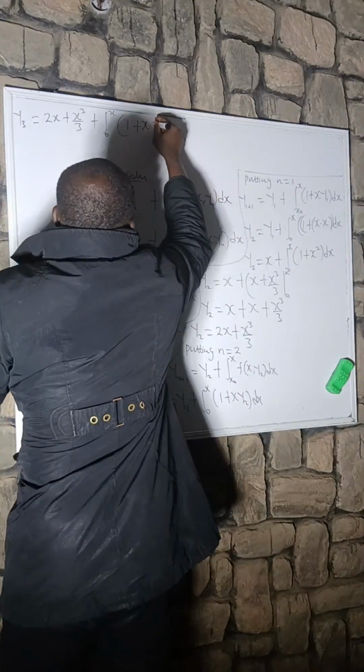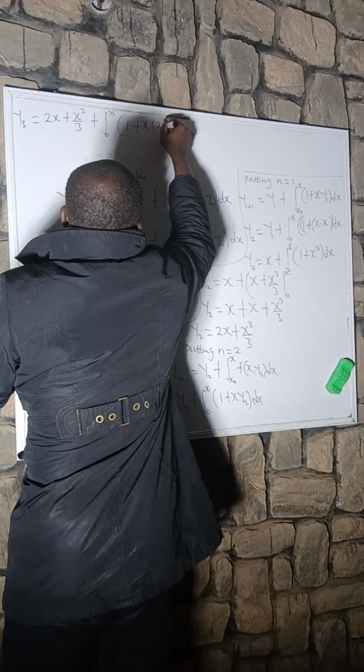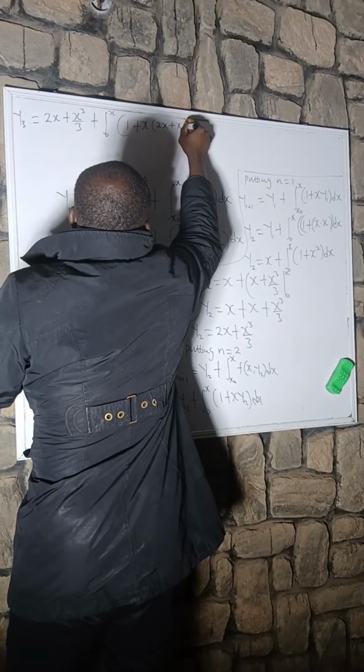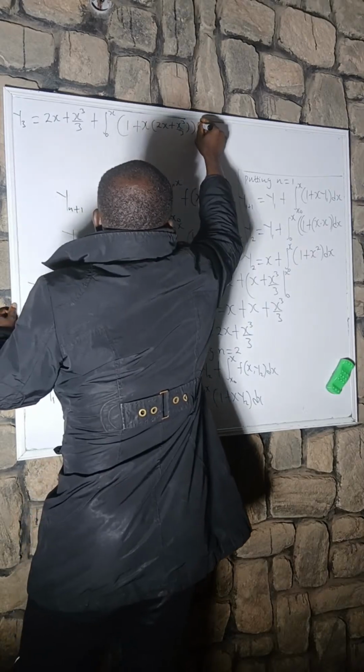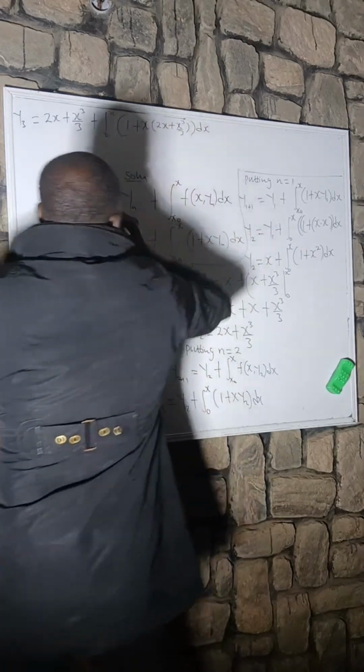So x, open bracket 2x plus x raised to the power 3 all over 3, close bracket, dx.